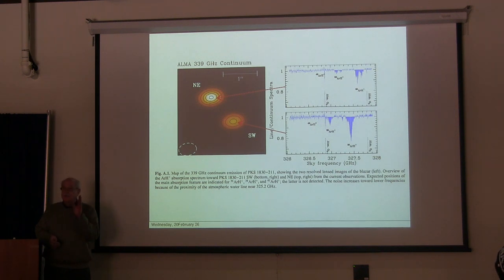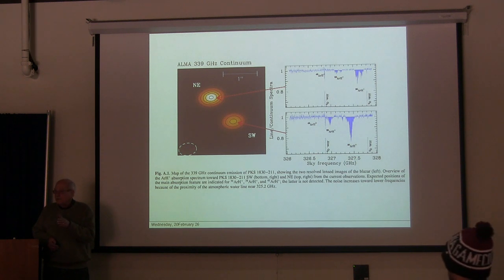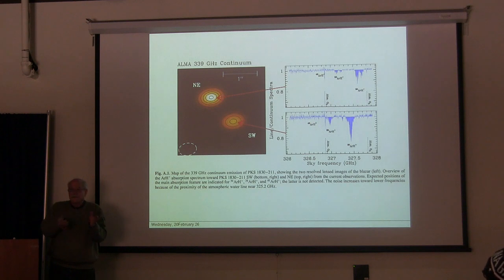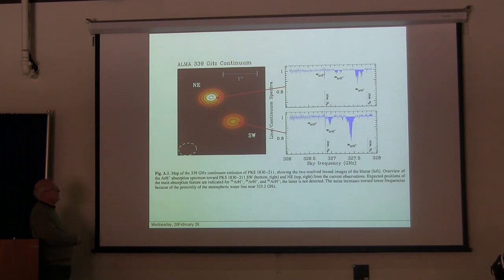We do see differences in the line shapes, and these are mostly kinematical differences that reflect, as in the case of circumstellar envelopes, that some of the molecules are located in slightly different regions of the path length through that galaxy, but very, very close to the average redshift.